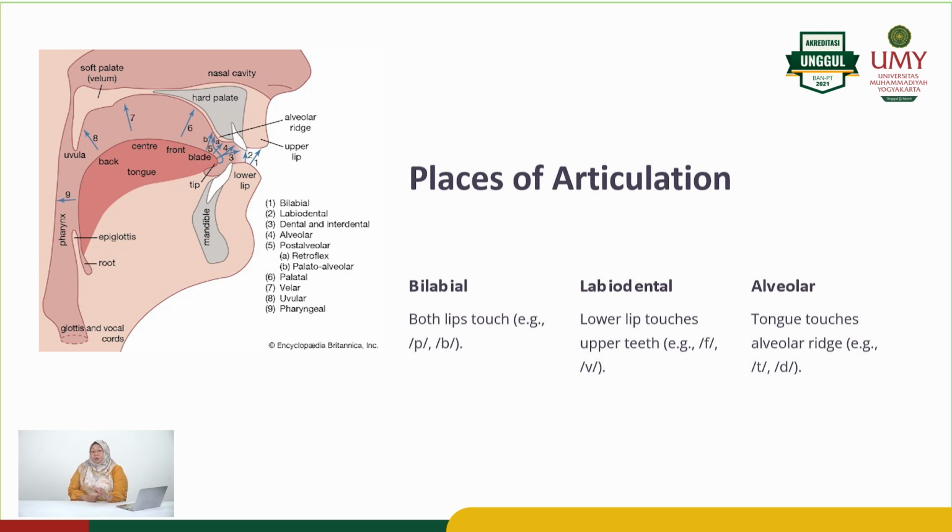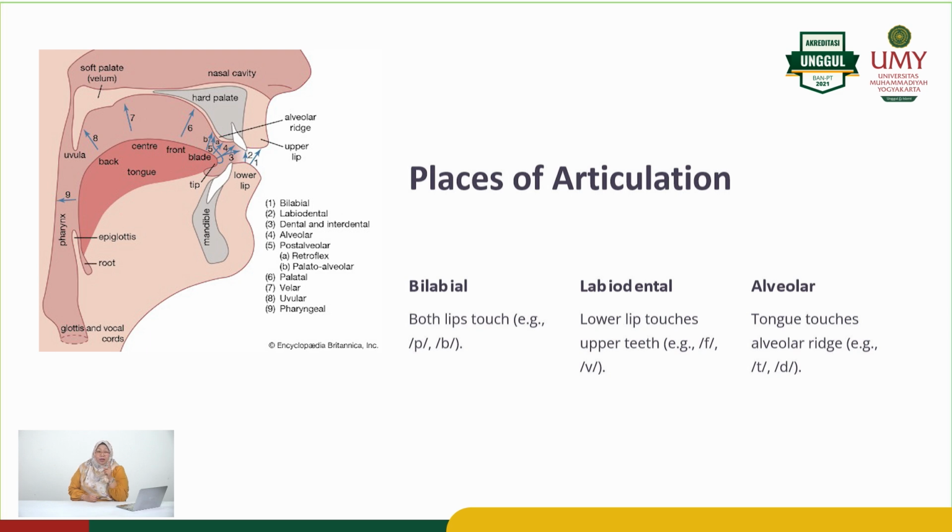While labiodental sounds like f and v involve the lower lip touching the upper teeth. And sounds like t and d are alveolar, meaning the tongue touches the ridge behind the teeth. Try saying top and feel where your tongue is, top.